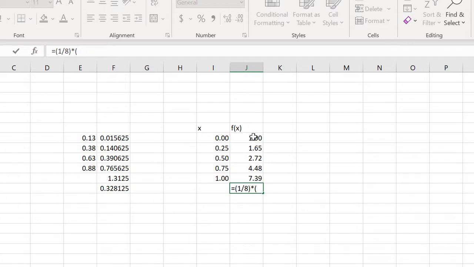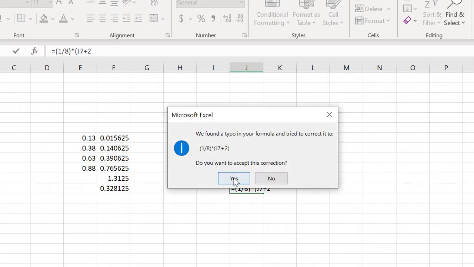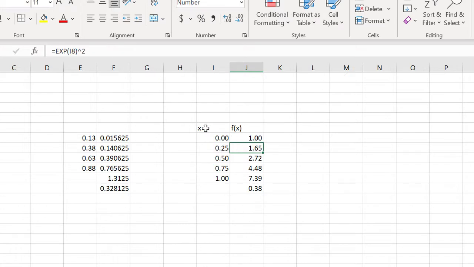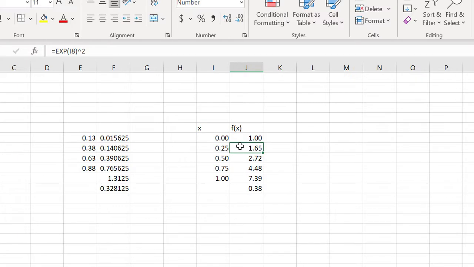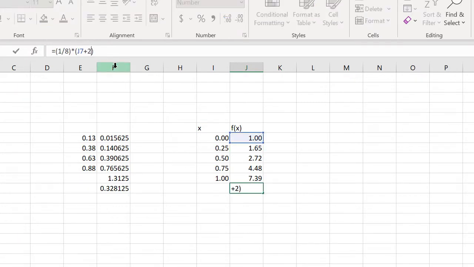So we've got first one plus 2 times the second one. Two times this one.